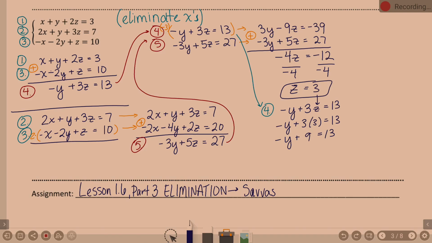And then subtract 9. Negative y equals 4. And what do we know? Divide by a negative, and y is negative 4.